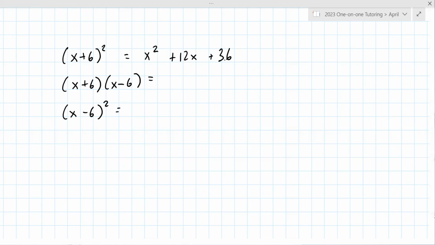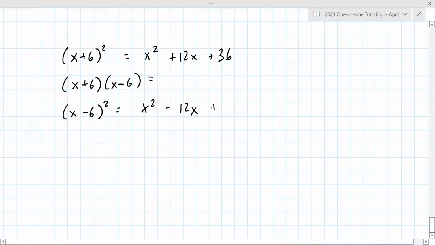Okay, I like that. Good save on that. Minus 12x plus 36. How about the middle one? So the middle one would be x squared minus 36. Good. Excellent.